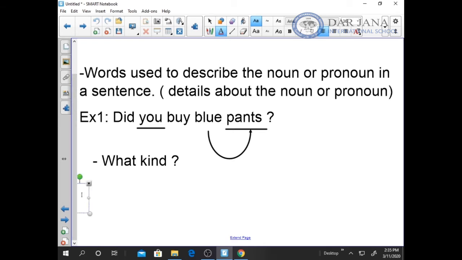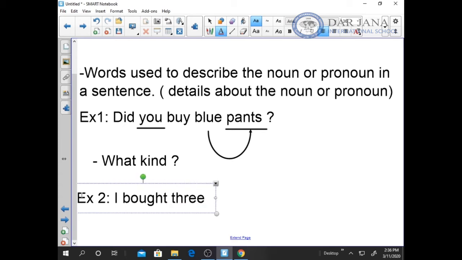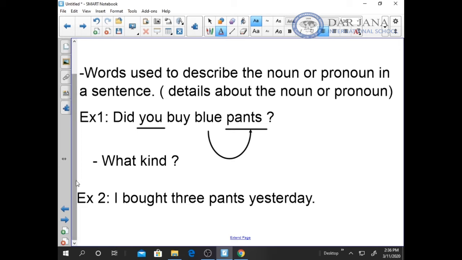Let's move to example number 2. In example number 1, we answered the question, what kind. Now we will have another sentence answering another question. I bought 3 pants yesterday. So I'm going to do the same thing I did in the first example.